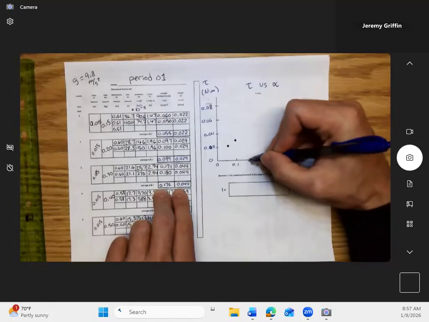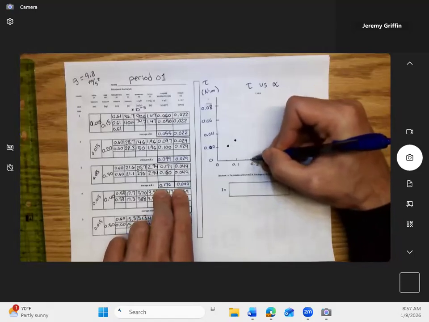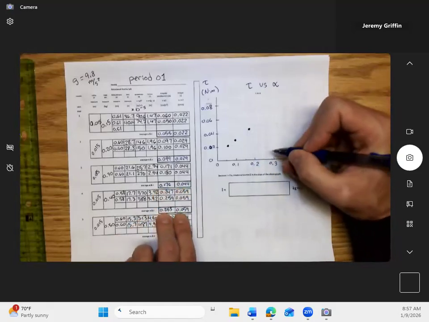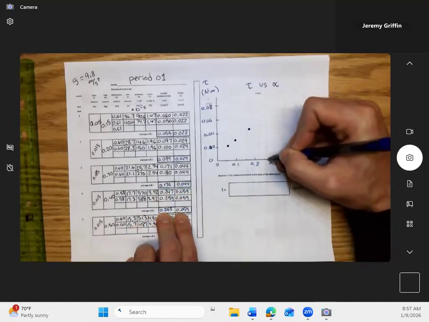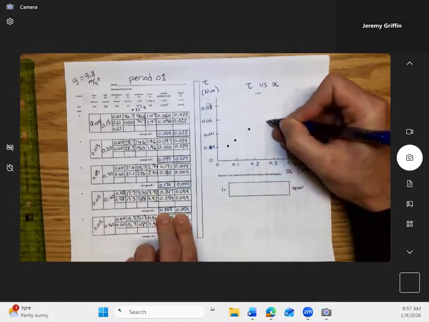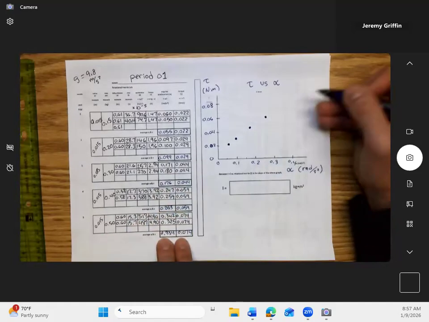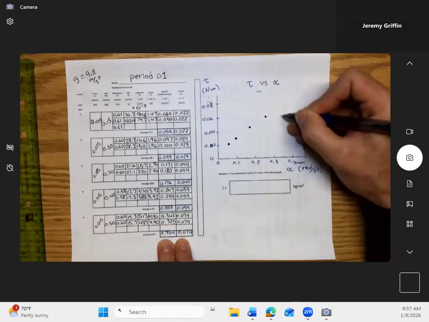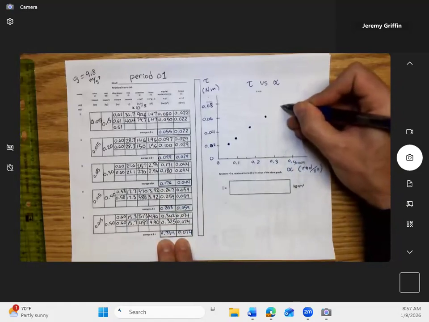Then 0.176 and 0.044, probably right about there. Then 0.253 and 0.059, and 0.334 and 0.074.